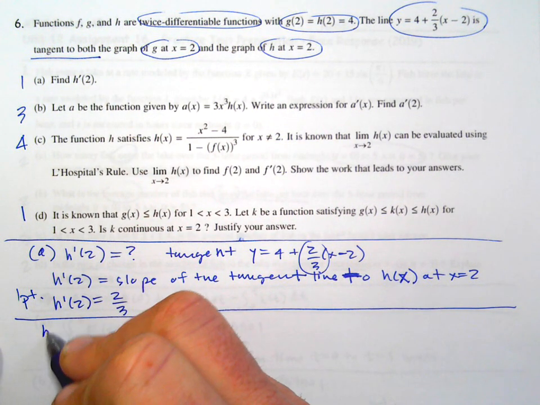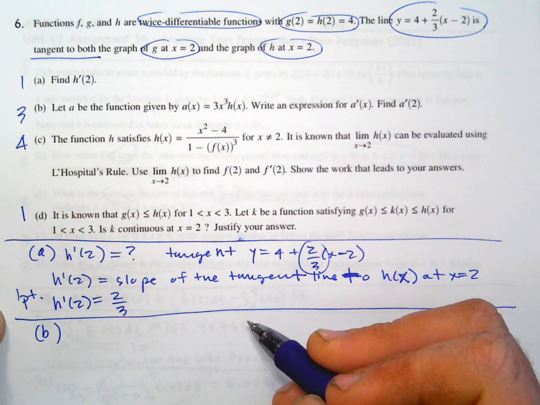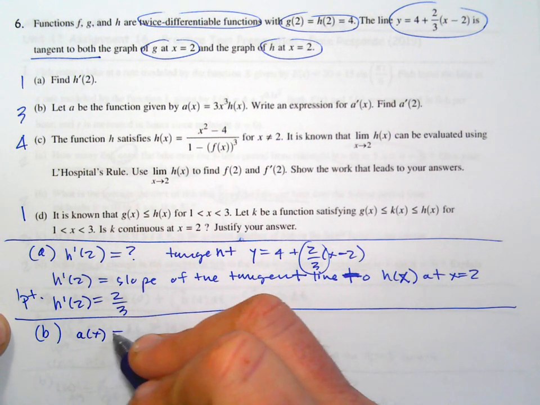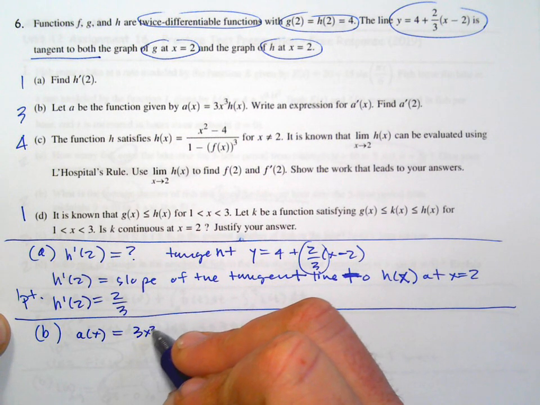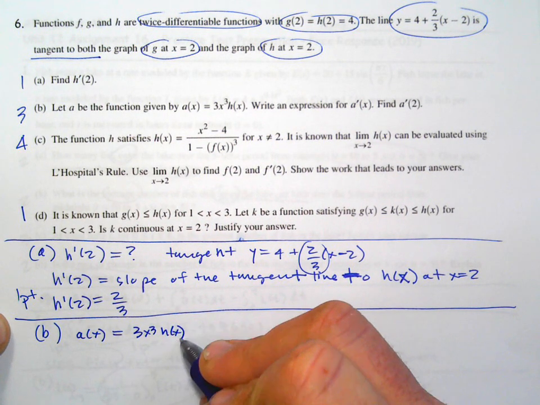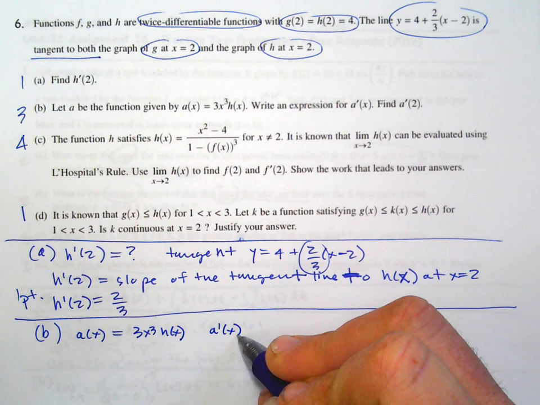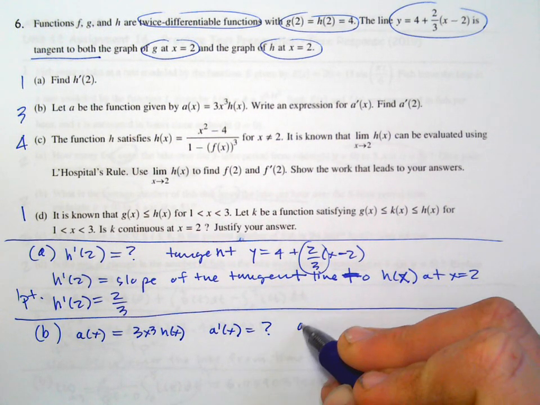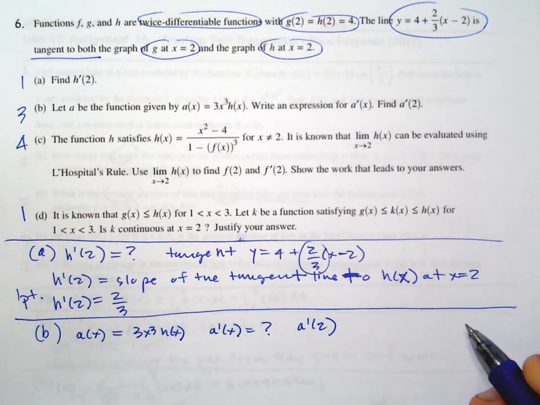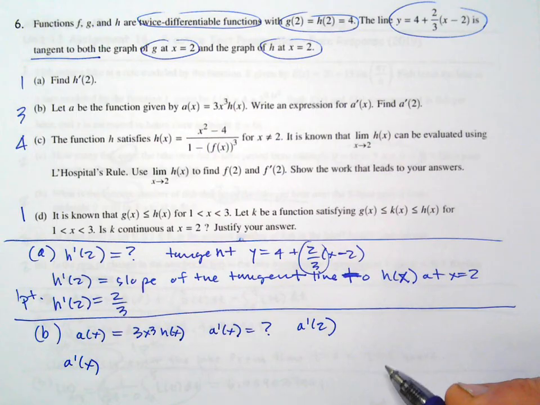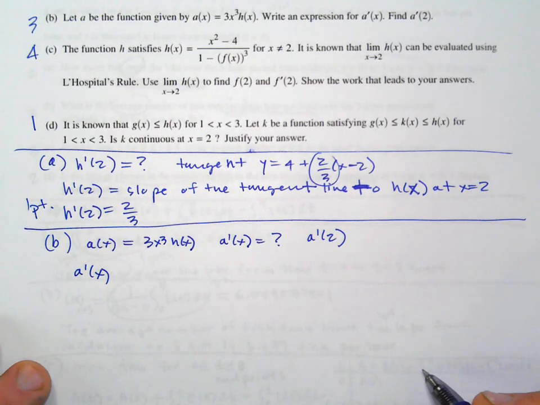Okay? Part B says, let a be a new function. Oh my gosh, there's so many functions here. a(x) equals 3x cubed times h(x). And it says, write an expression for a prime of x and then find a prime of 2. So for a prime of x, we've got to do a little product rule, right?